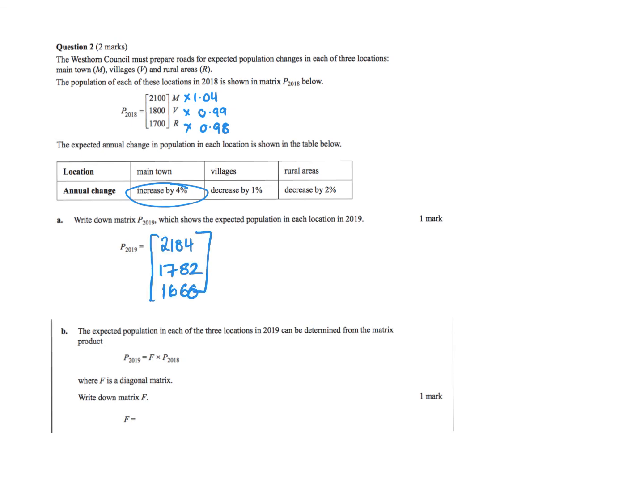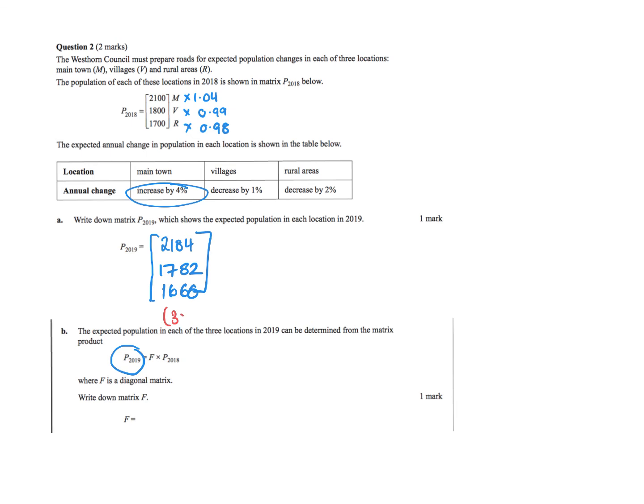So we've done that and we've created that matrix. And then it says the expected population in each of the 3 locations in 2019 can be determined by this matrix product here. So what they've done is they've multiplied to get this P 2019, which you've got up above there.